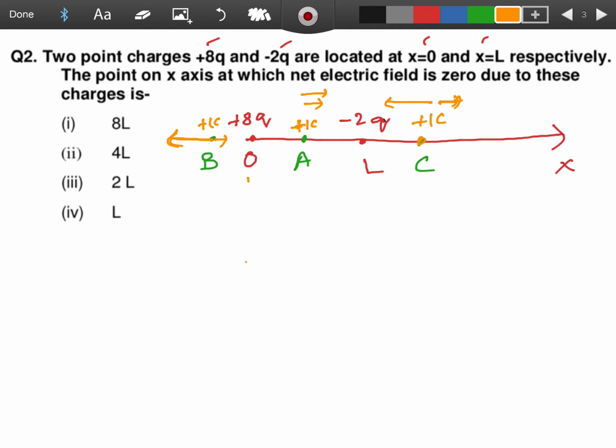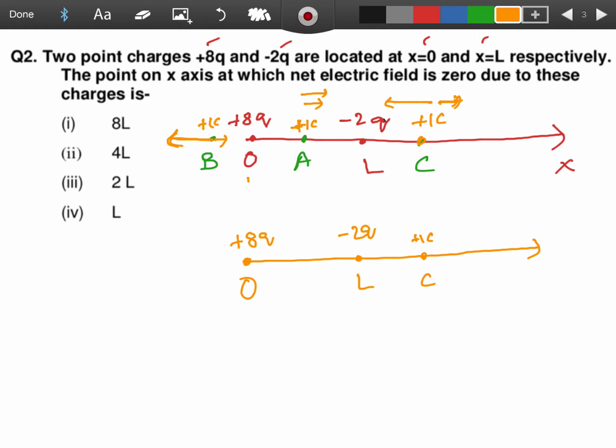So let me draw again the same thing. This is O, where plus 8q is staying, and this is at a distance L where minus 2q is there. Now this is point C where we are going to find electric field. So we have to imagine a unit positive charge here.